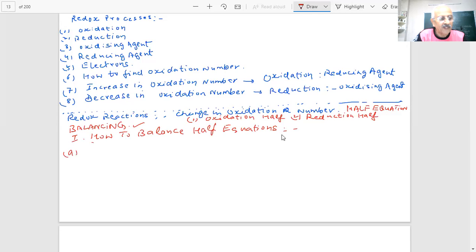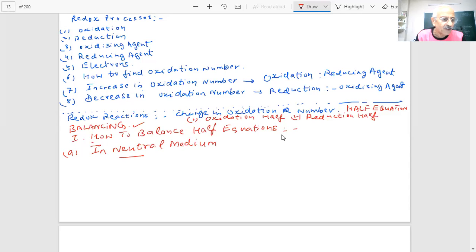First part I am taking in neutral medium. Usually the reactions take place in acidic medium or basic medium, yes or no? But if you are in a neutral medium, you are lucky. There is no acid or base. There will be some reactions like that also, students.